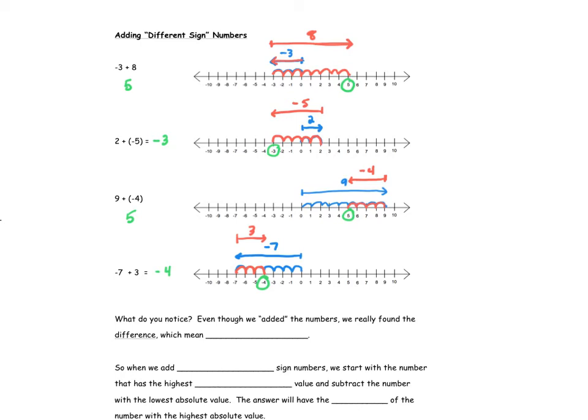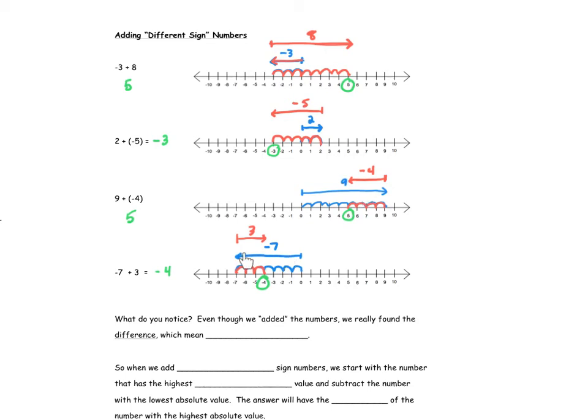I can see that the longest vector is 8, and it's positive, and I had a positive answer. My longest vector here was negative, and I had a negative answer. Let's see if that happens for the rest. My longest vector here was 9. It was positive. My answer was positive.